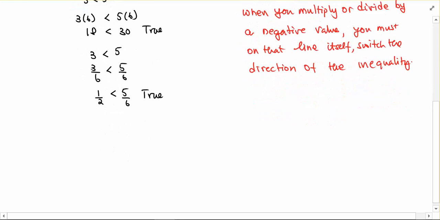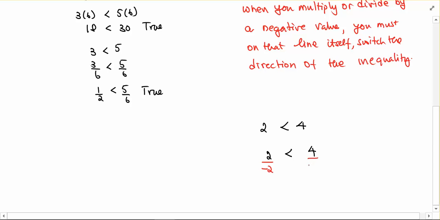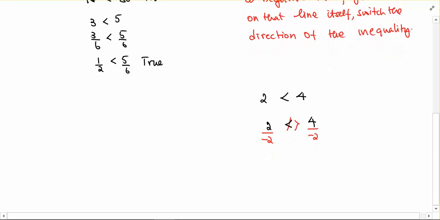So let's do another little example. So for example, if I had 2 less than 4 and I were to divide both sides by -2, let me write on the next line. So if I were to divide both sides by -2, then immediately I need to cross that out and change the direction of the inequality and then write my answer down.